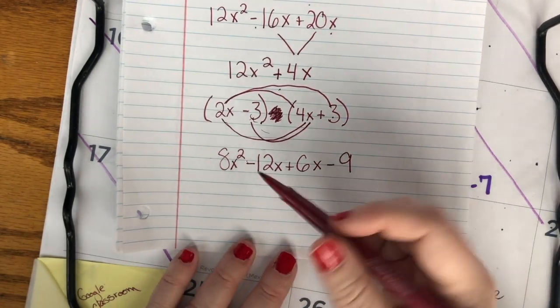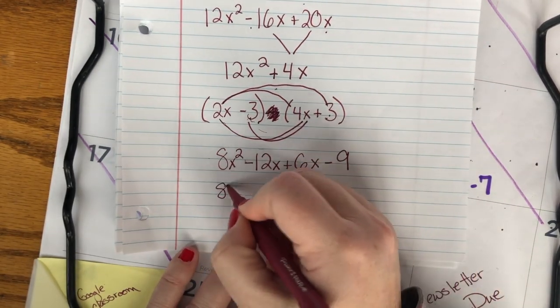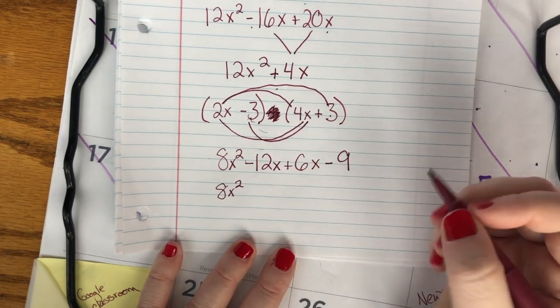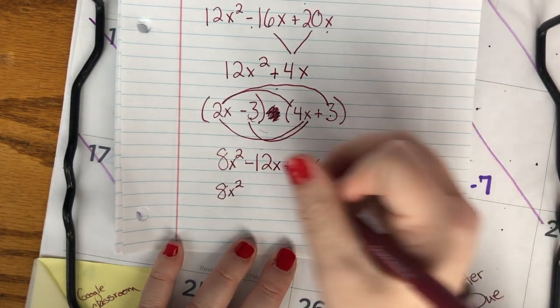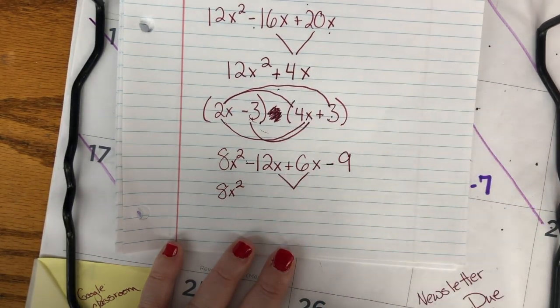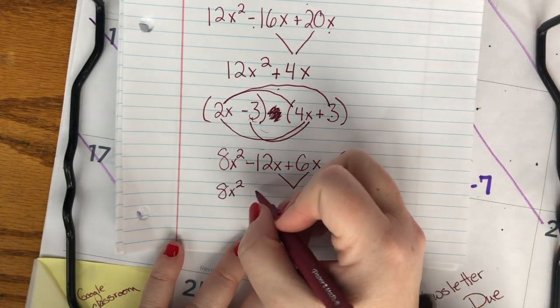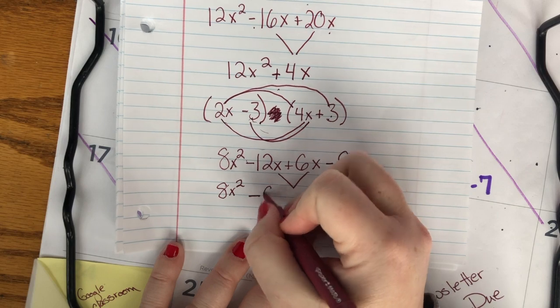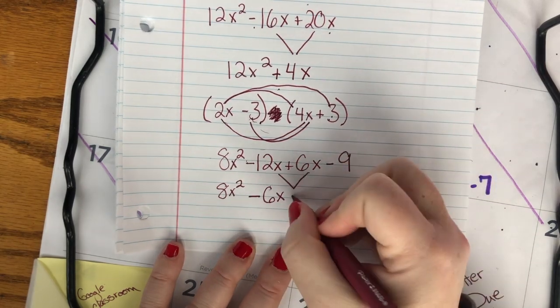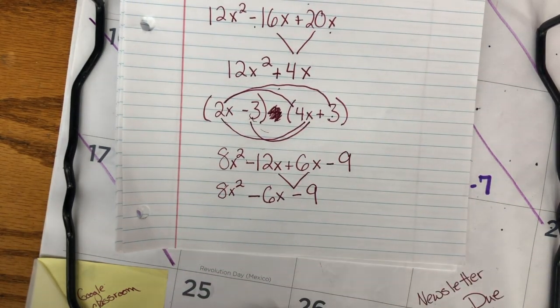Now, yet again, I have to combine like terms. 8x squared does not have a similar term, but x's do. Since it's -12 and 6, it gives me -6x minus 9.